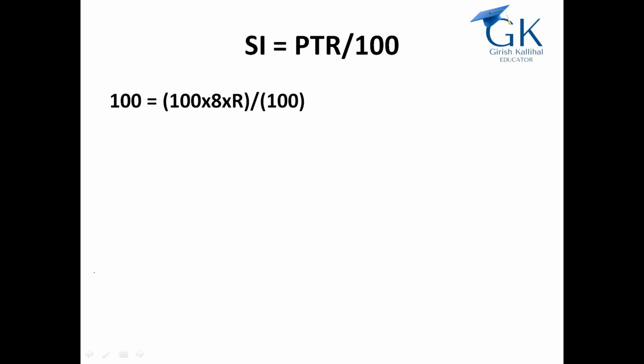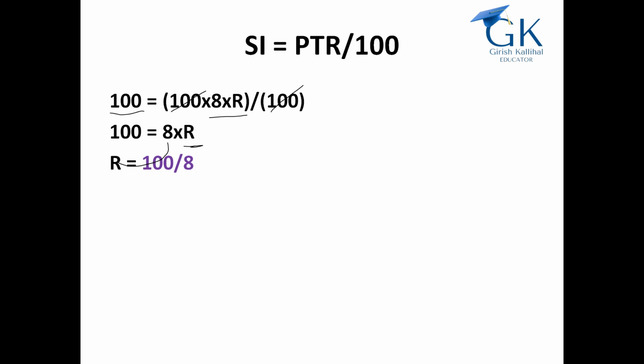Here this 100 and this 100 will get cancelled, so that on the left side, LHS, we will get 100 and on the RHS side, 8 into R. So now keeping R this side, I will send this 8 towards the LHS, so that it will become 100 divided by 8. So that is R is equal to 100 divided by 8.